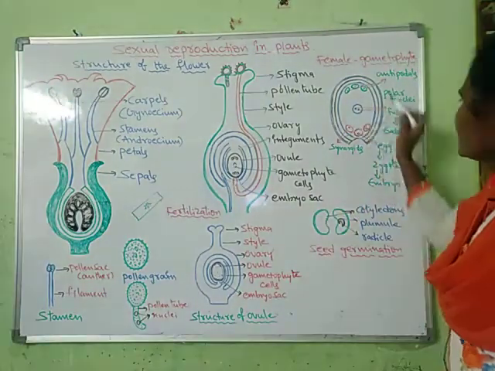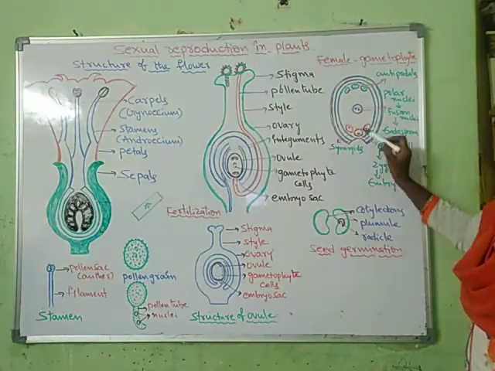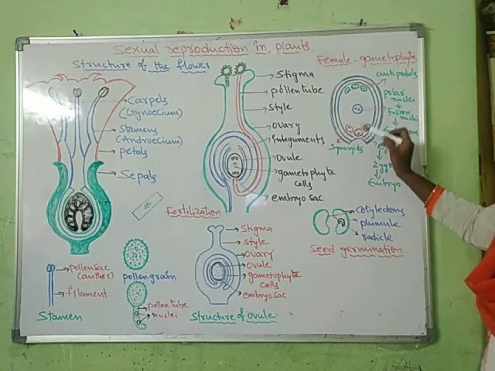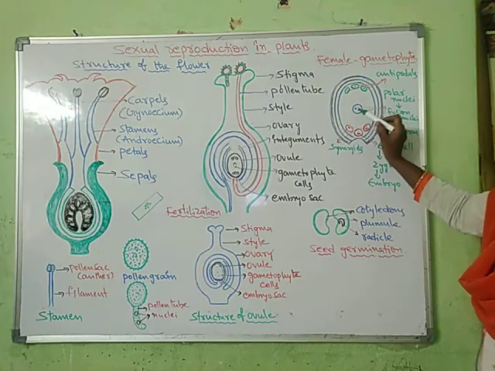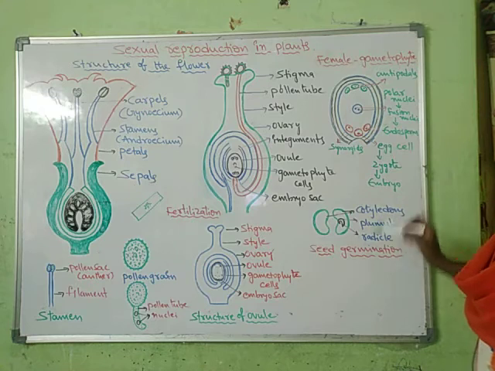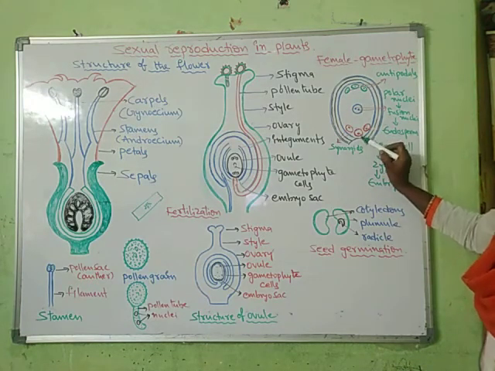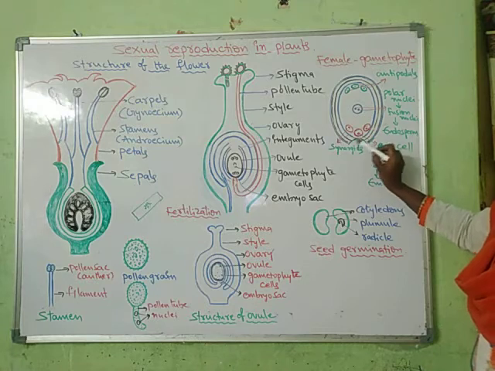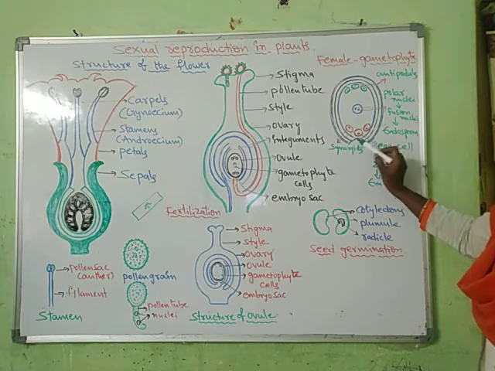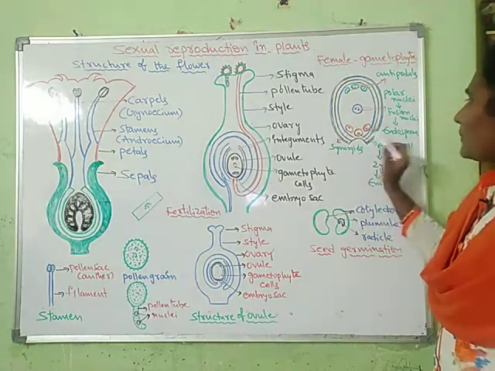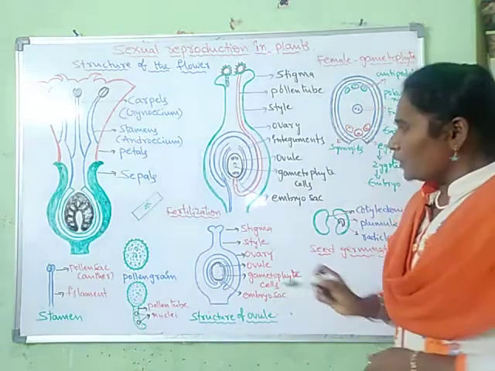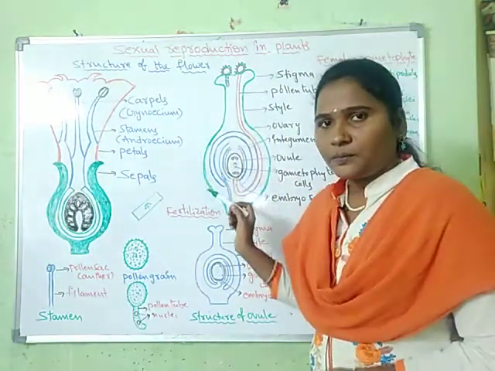Of these 7 cells, for our discussion, 2 cells are very important. Those are the 1 large central cell located at the center of the embryo sac, and the egg cell located at the end of the embryo sac closest to the opening through which the pollen tube enters. Now we will discuss fertilization.